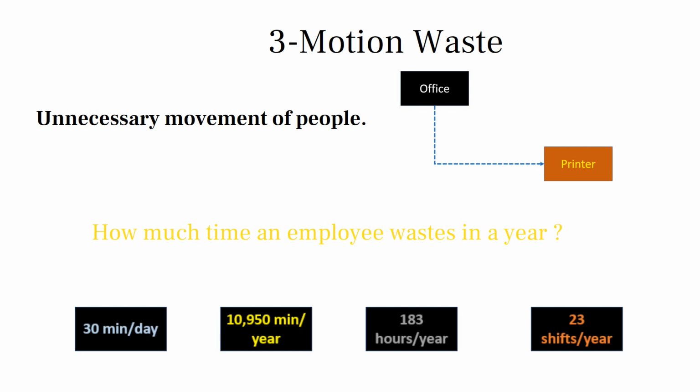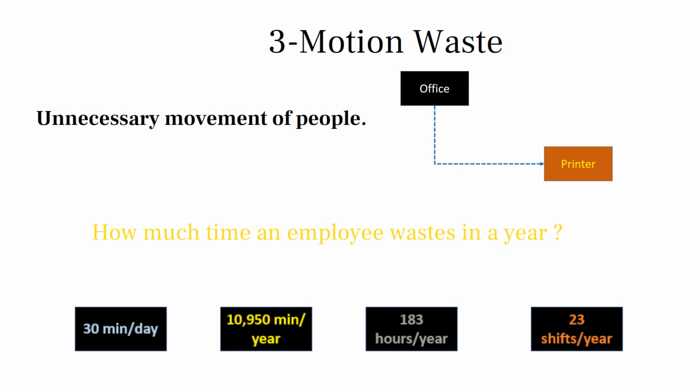So the employee wastes almost 23 days of a year just printing a few documents if he or she spends 30 minutes in that activity on a daily basis, which means that employee is going to get the salary of 23 days just for printing documents. And the reason is the printing machine is much too far away from the office.